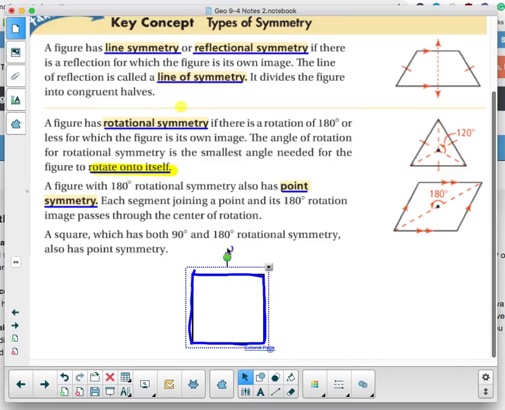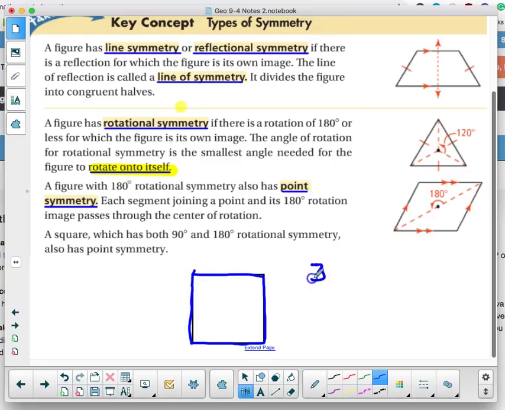It does not have rotational symmetry if it just has 360. It has to have something less than 180 as a base rotation. In this case, for a square, the basic rotational symmetry is 360 divided by the number of sides, 4, which is equal to 90. So we're talking 90 degrees.